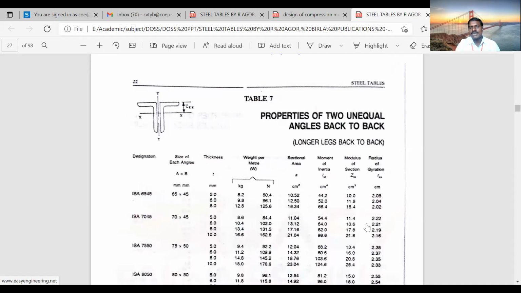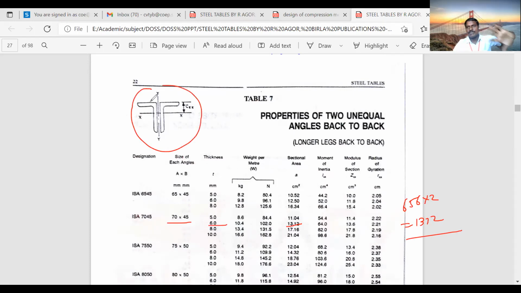1312. And what did we take? What was the area of the single? 656 into 2, how much? 1312. Are you getting? So here 1 2 and the size is also the same, see, it is the same. So directly we can take this.